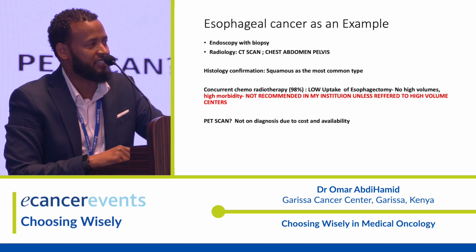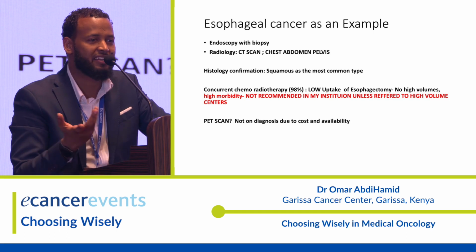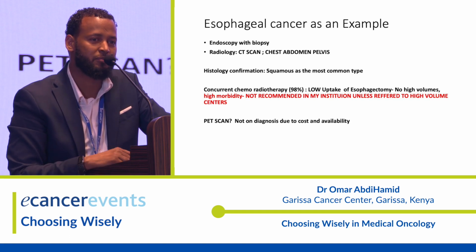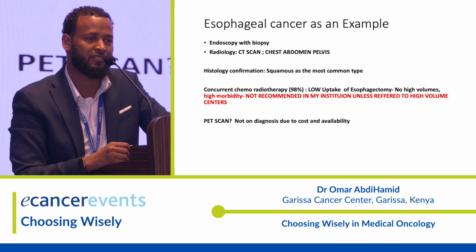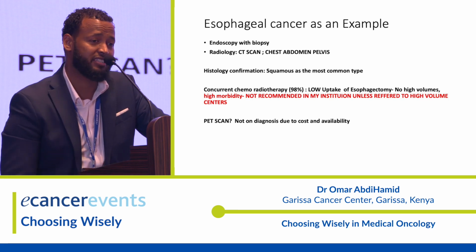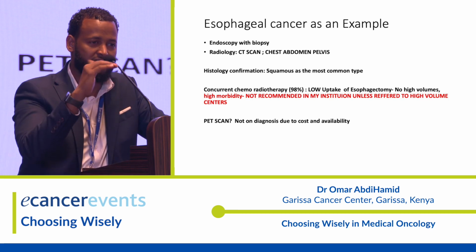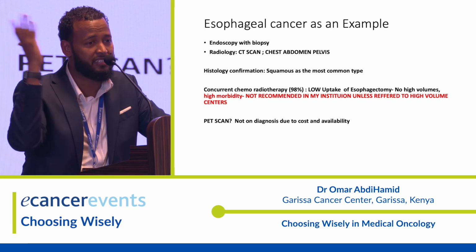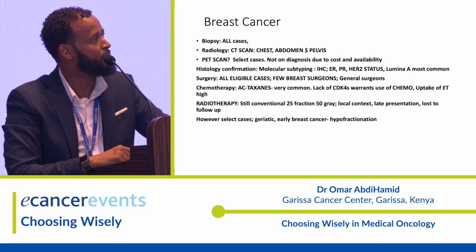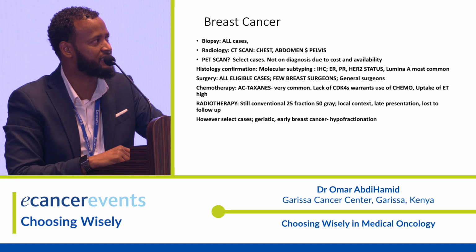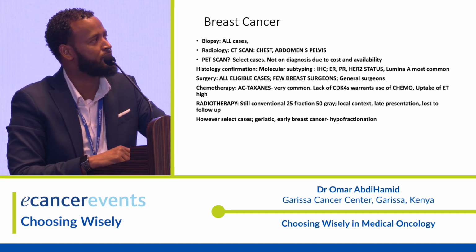PET scan is not available, so I rarely ask for one, because CT is available and MRI is available. But in select patients where I feel a PET scan is important, and if they can afford it, I send them to other parts. Breast cancer, we biopsy all cases. Again, CT scan we do, PET scan same thing. Histology is a must.